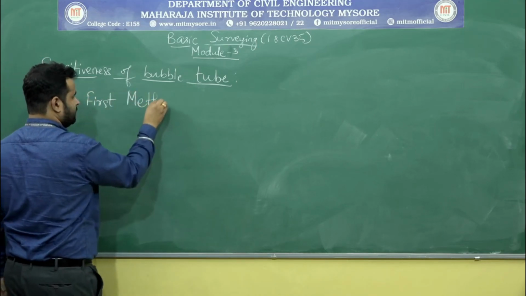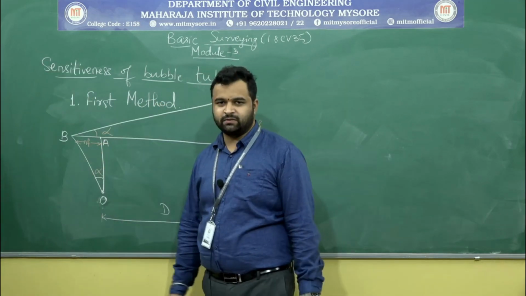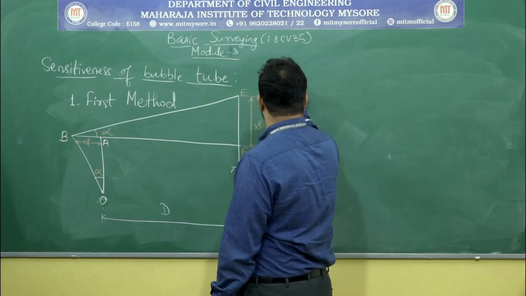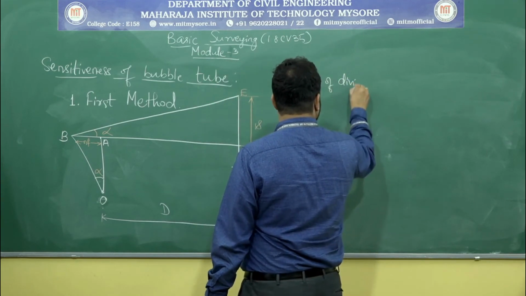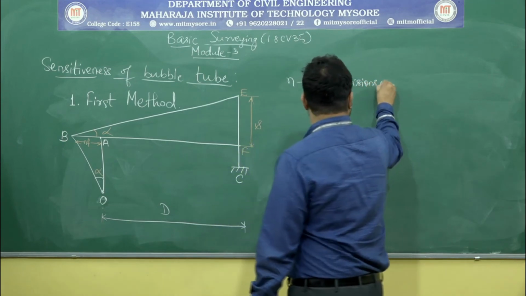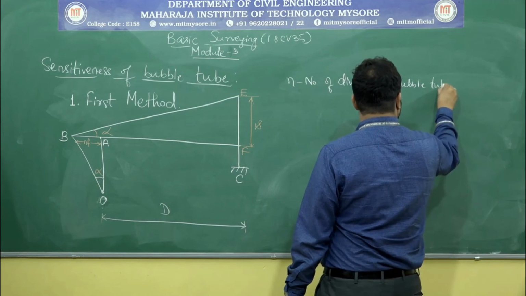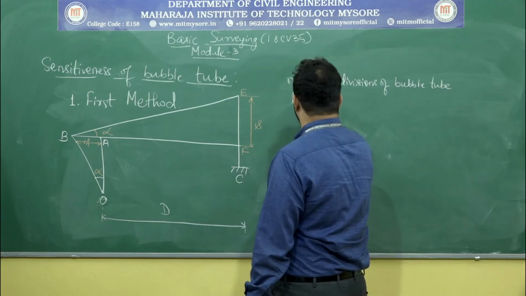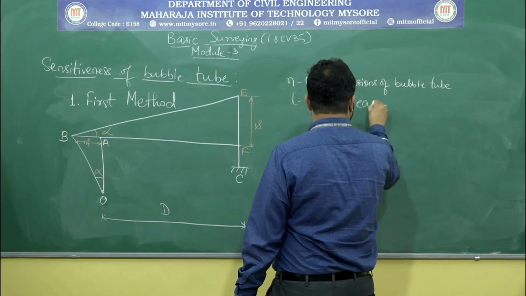First method, n be the number of divisions of the bubble tube. L be the length of each division.